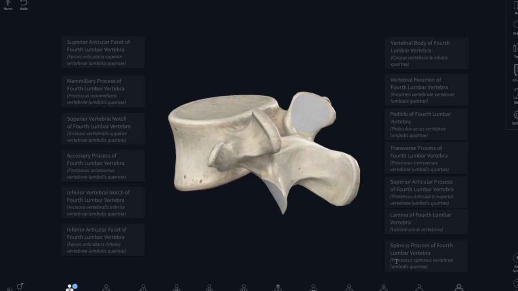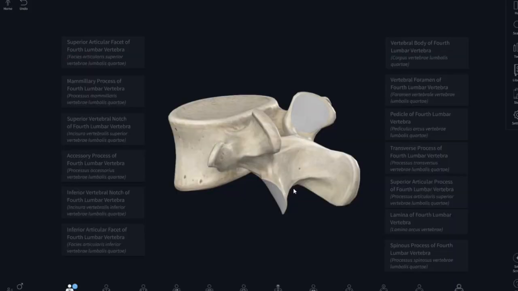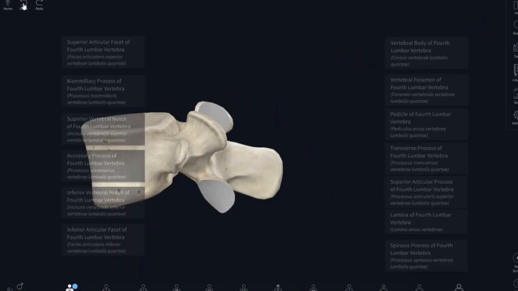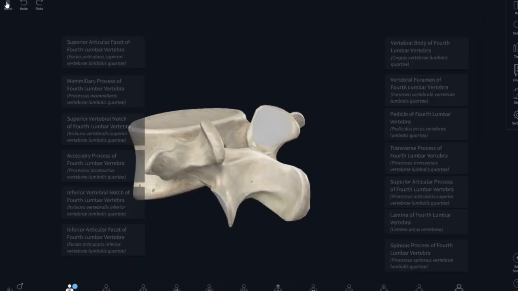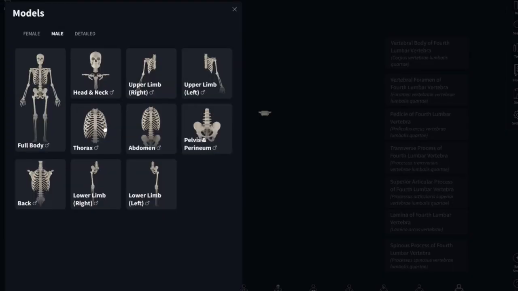Okay, we're going to leave this close-up view, and I'm trying to bring you back to a model, which we will do. We'll do the lumbar spine.